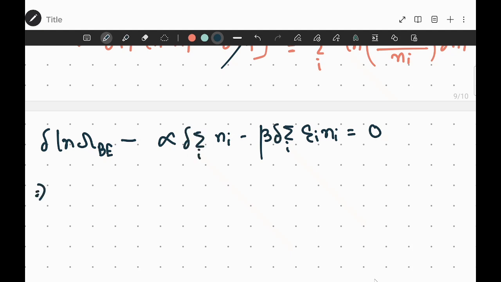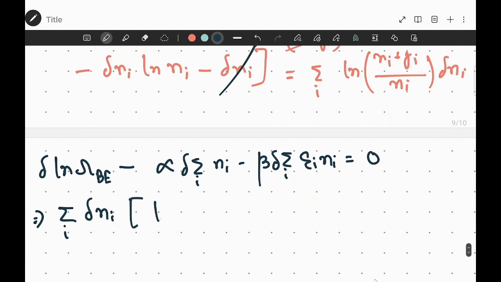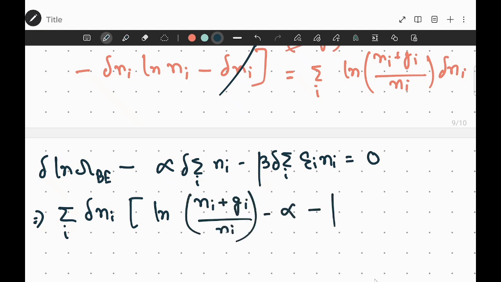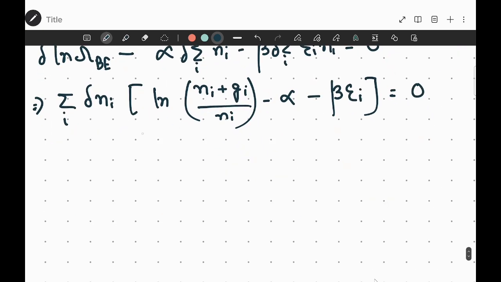So the first part we have derived. This is the sum over i of dNi. If you take it common, from the first part it is ln of (Ni plus Gi) by Ni, from the second part it is minus alpha, from the third part it is minus beta epsilon i. So this term should be 0.